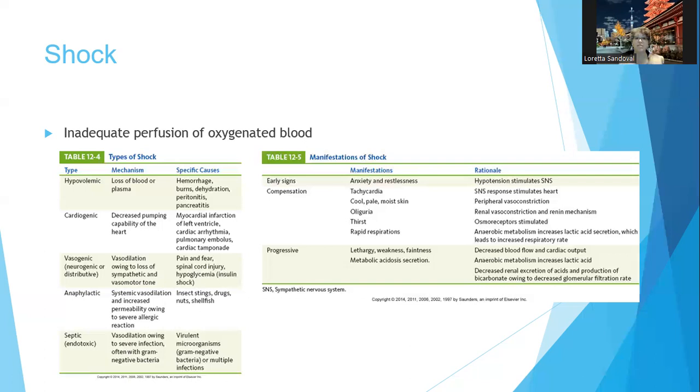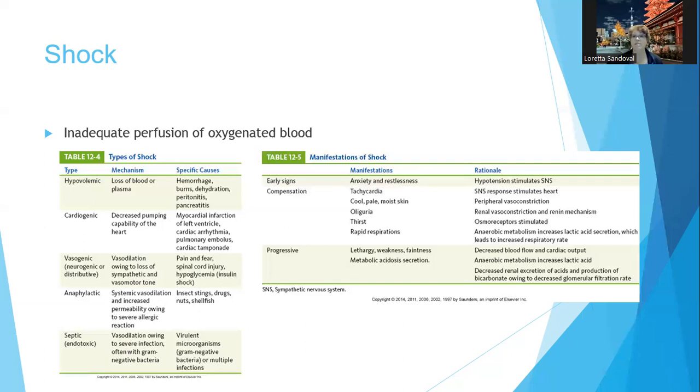Progressively, later signs: lethargy, weakness, faintness. Metabolic acidosis can result from shock, and we all know that metabolic acidosis can kill you. The lethargy and weakness and faintness are caused by decreased blood flow and cardiac output.